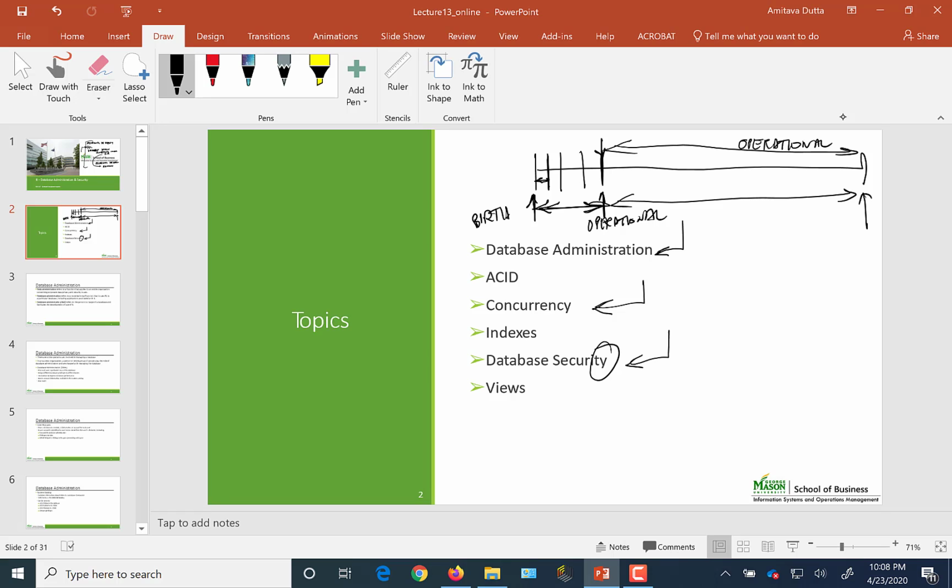And that collection of activities falls under database administration. So you're administering the database. It consists of a whole host of activities. You can think of it as a managerial activity, which has various technical components to it. So under database administration, we will take a closer look at some of the activities that fall under that category.